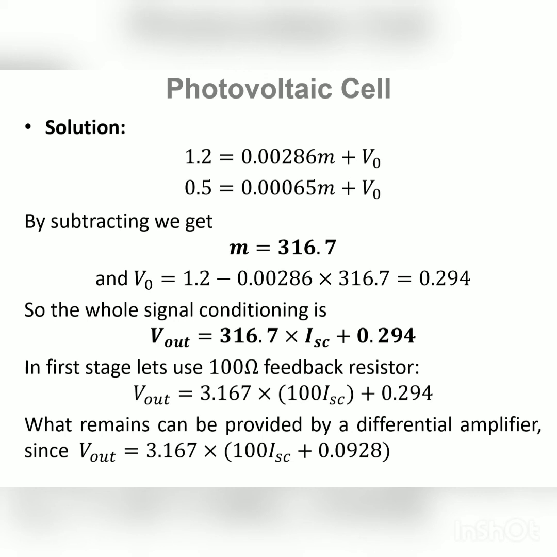What remains can be provided by a differential amplifier stage, since Vout is equal to 3.167 into, in the bracket, 100 into ISC plus 0.0928.